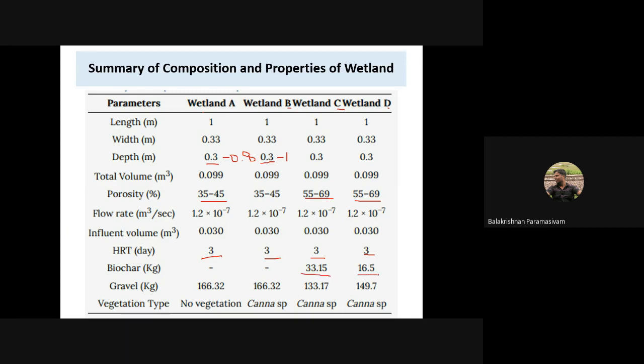We are providing 33.1 kg of biochar in wetland C, and in wetland D 16.5 kg. Then another difference is vegetation type. In wetland A we are not providing any vegetation. In wetlands B, C, D we are providing canna species.